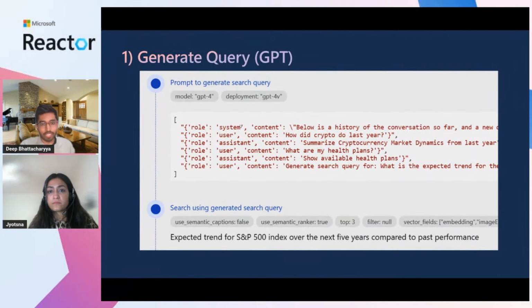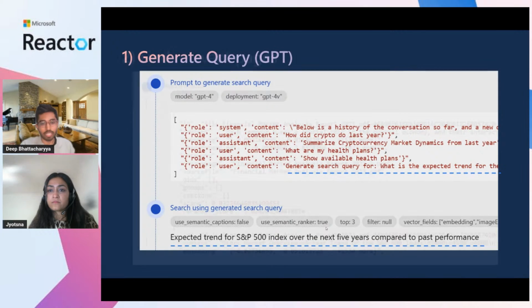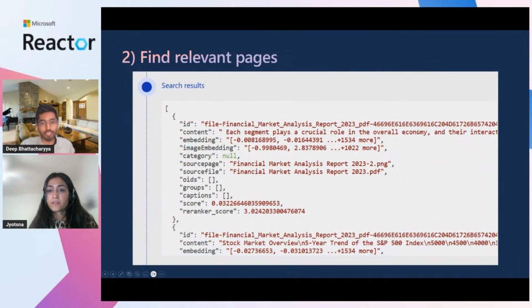Generate query. So yes, similar thing. This is with vision. We generate the search query here, which is expected trend for the S&P 500 index. That then finds the relevant pages. So in this case, it's found this. Internally, Azure AI Search has used the embeddings here in order to get this result.